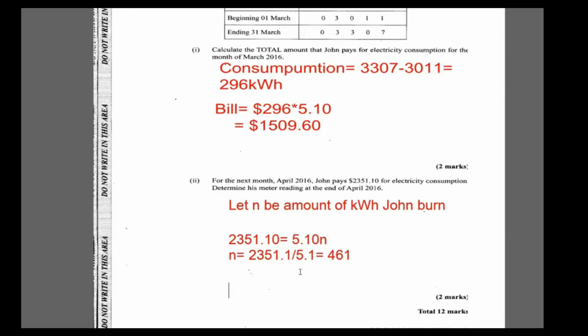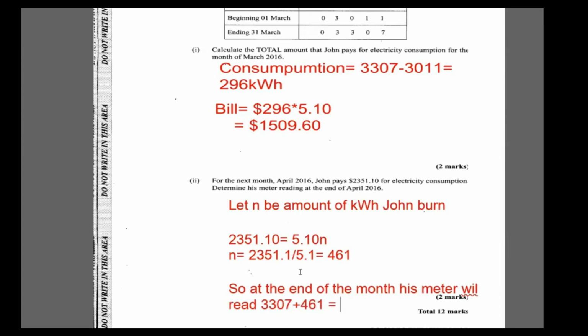And so at the end of the month, his meter will read 3307 plus the 461.